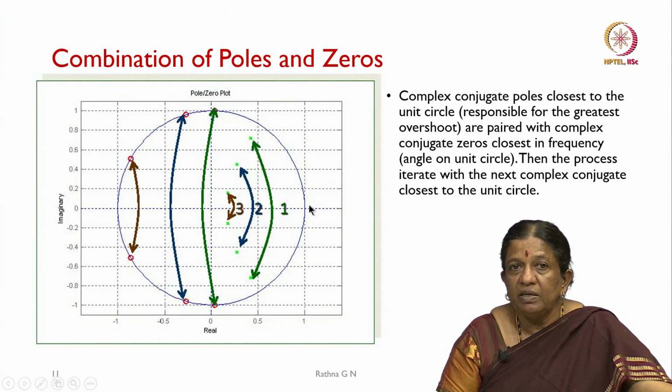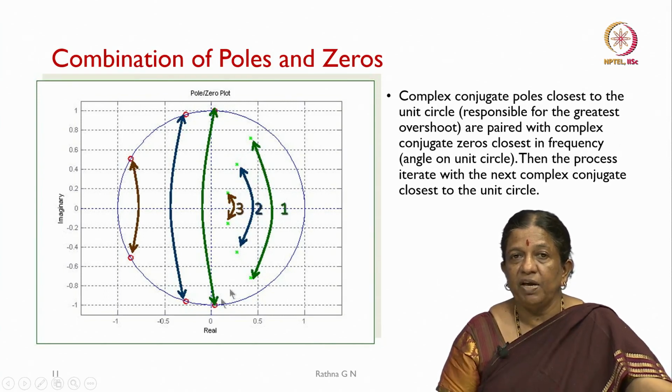So, we pair this one with this one. That is the reason why we have colored them. The first one shown in green is paired with this green, and the next one is the blue.